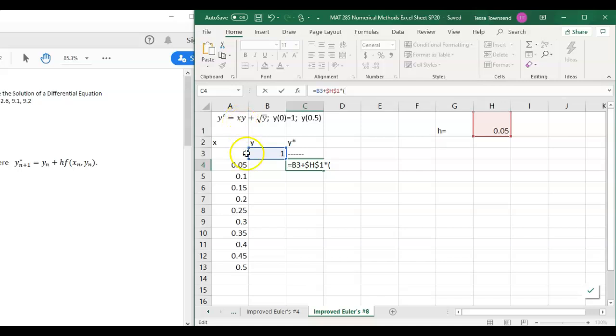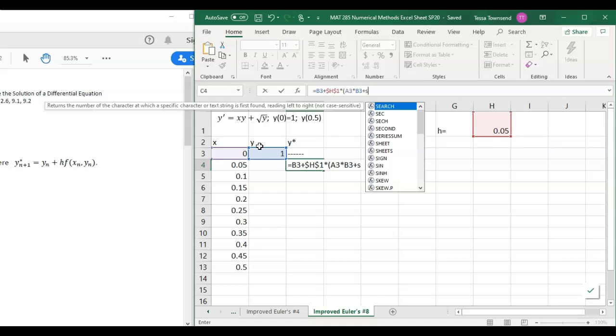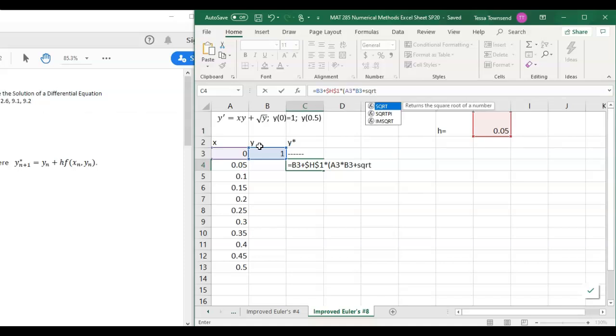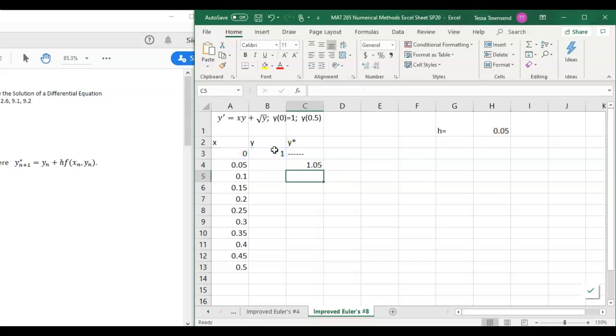So it's going to be x times y plus square root of y. To do square root in Excel, you can use SQRT. There we are.